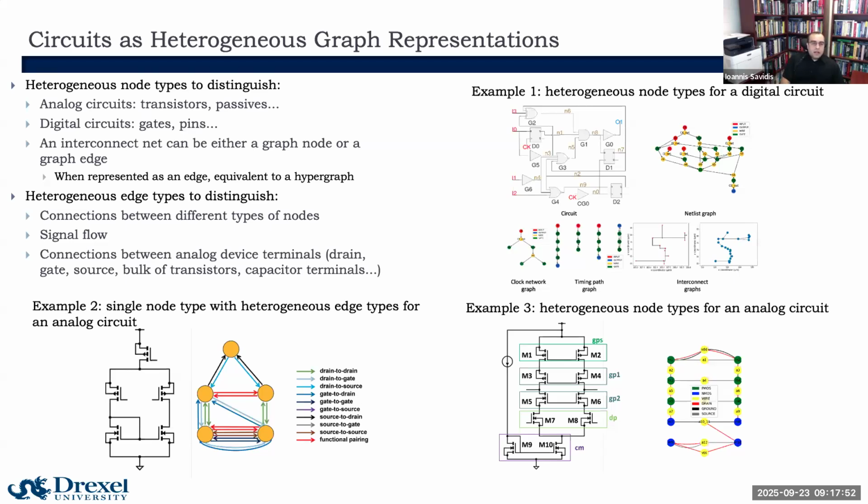And you can see on the bottom left that the edges are heterogeneous in that case, and then on the top right and bottom right, those graphs have heterogeneous nodes. So depending on the type of problem you're solving, you basically modify your graph representation to pursue that particular problem.